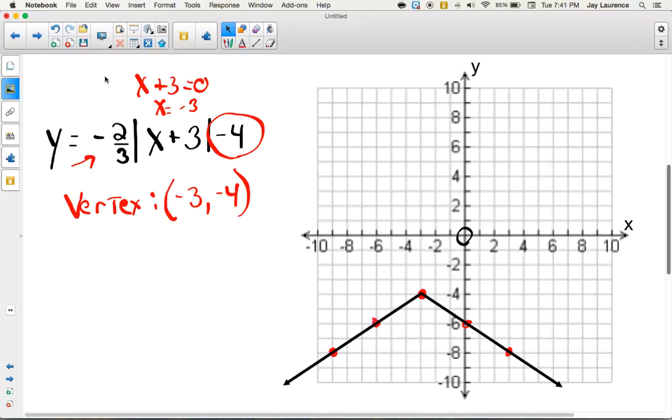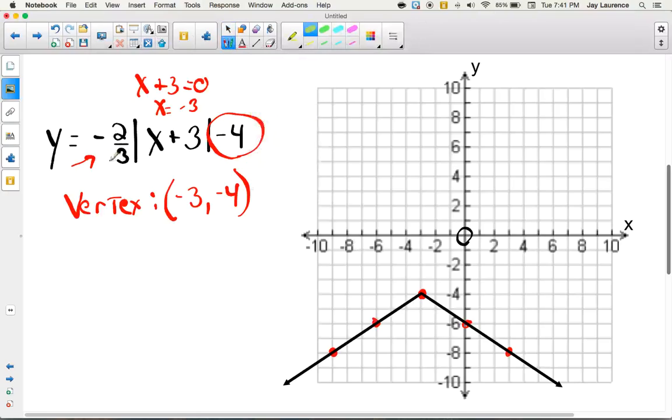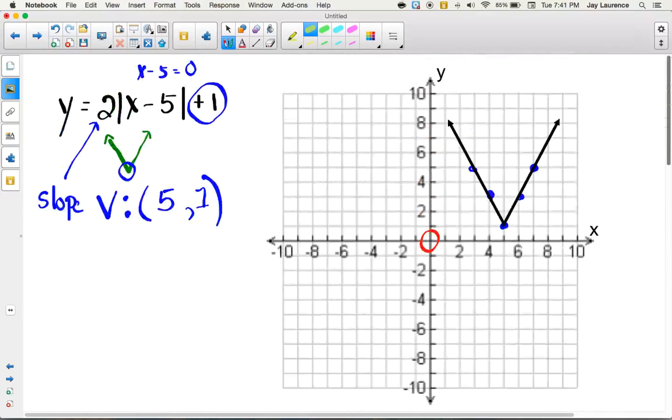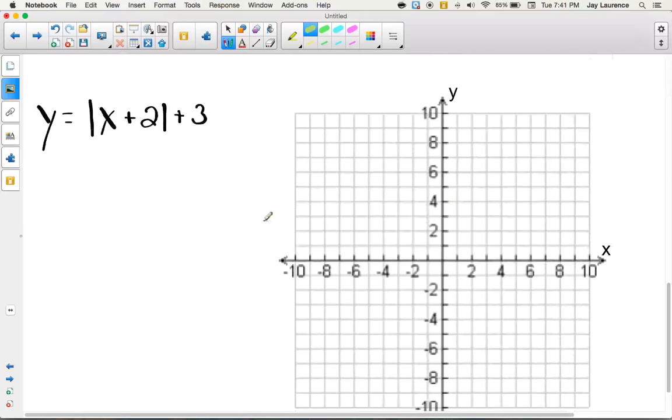It's because the slope on this particular graph was negative, but on the previous problem, the slope was positive. So it opened upward. Okay, so I want you to try this one on your own.